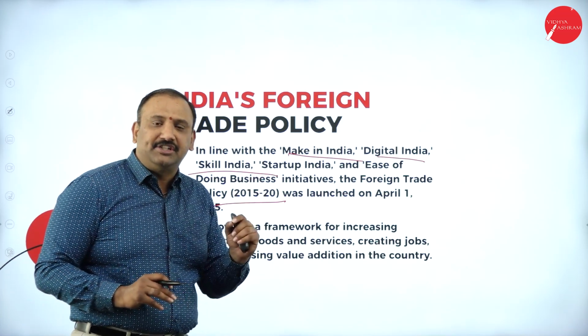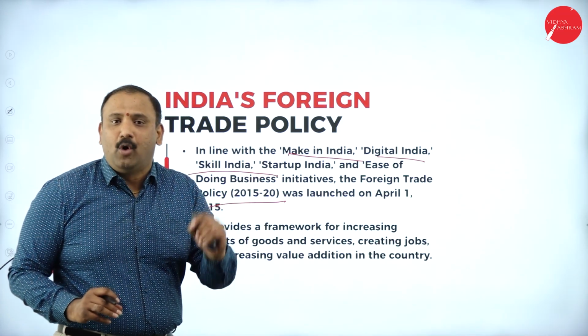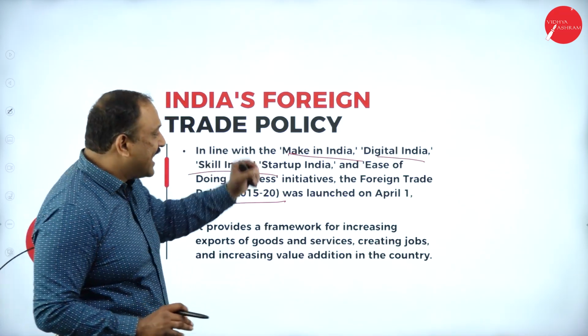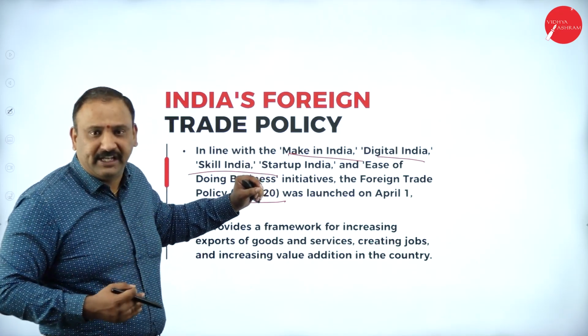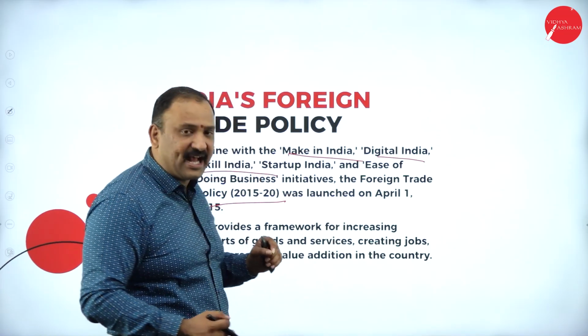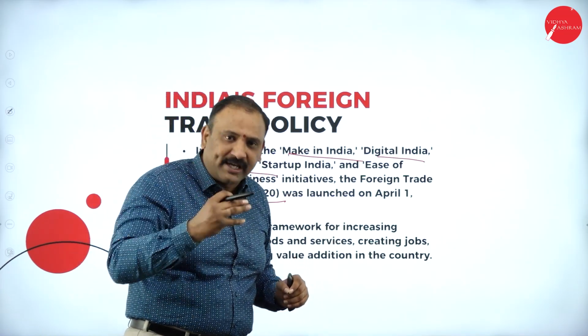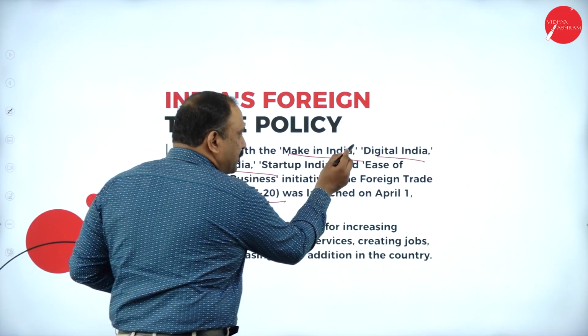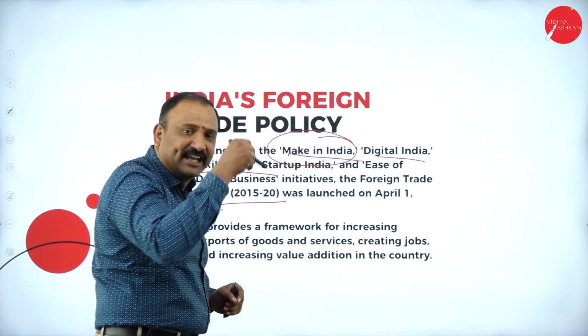The intention is to make India more viable by enhancing the capacity of India, enhancing the value of Indians. So what we did is that first we started producing in India, and that's why we brought this program called Make in India.